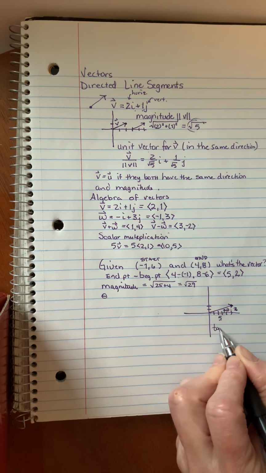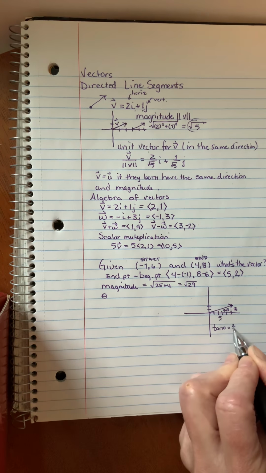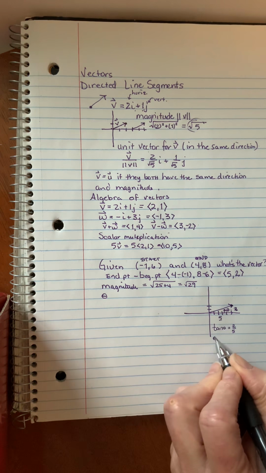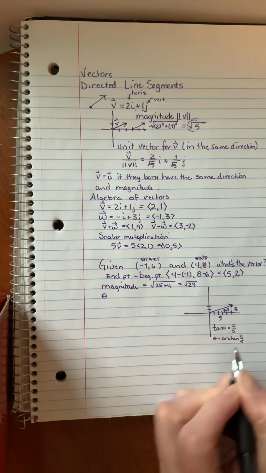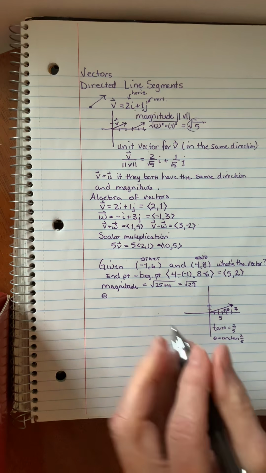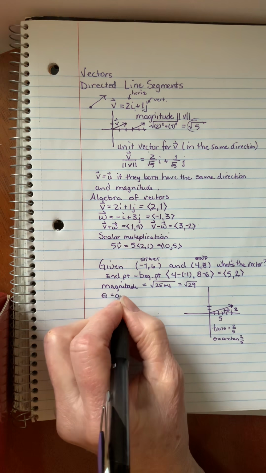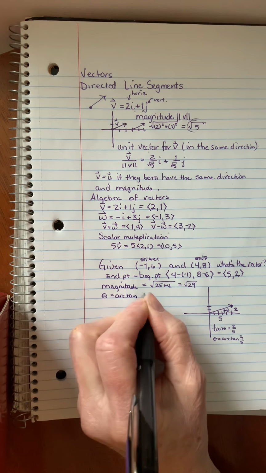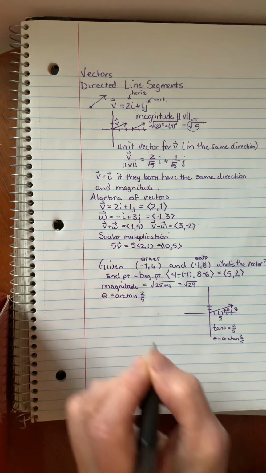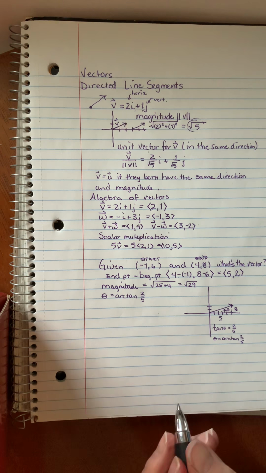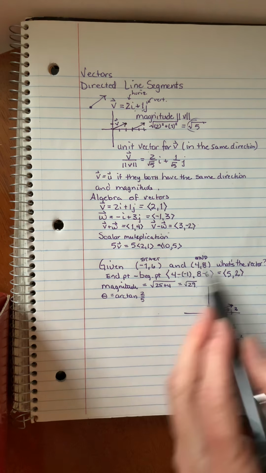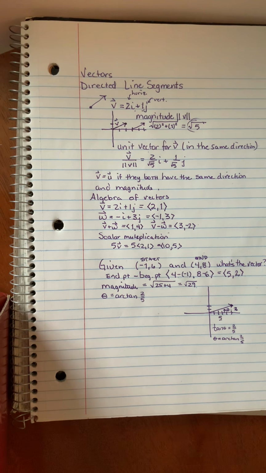So the tangent of theta is equal to 2 over 5. So theta is equal to the arctan of 2 over 5. Now you can use angles in degrees or radians, but there's your angle. So if you want to know the angle, you can do that. Here's the length, and there's the vector. So that's a little bit of information about vectors.